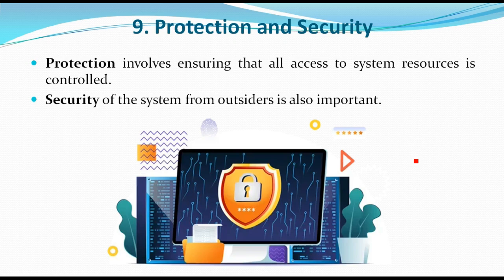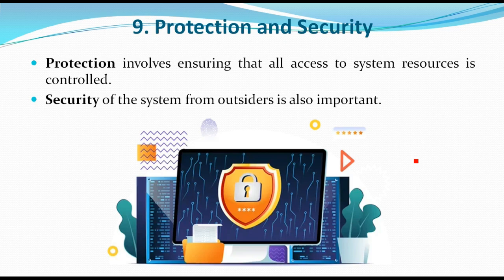So the protection and security, both these services are the responsibility of the operating system. When several separate processes are executing concurrently, it should not be possible for one process to interfere with another or with the operating system itself. So all this protection has to be taken care of by the operating system.